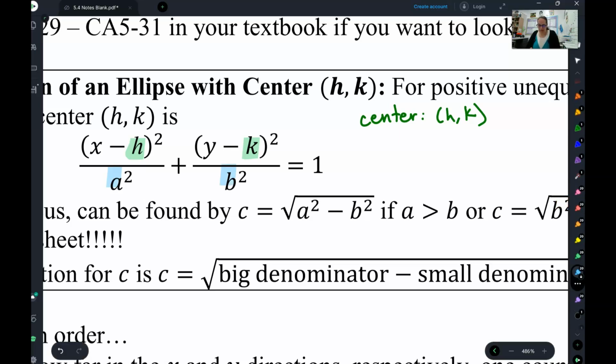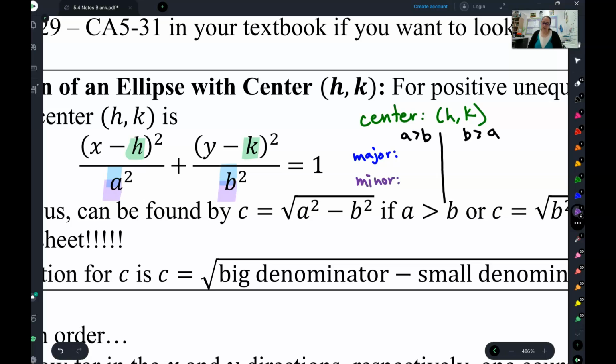So I'm going to highlight them both and make a little chart here where I'm going to say if A is bigger versus if B is bigger. We have our major and our minor. So if A is bigger, that's your major axis, and B is your minor. And if B is bigger, that's your major axis, and A is your minor. So whichever one is bigger, that's the major axis.